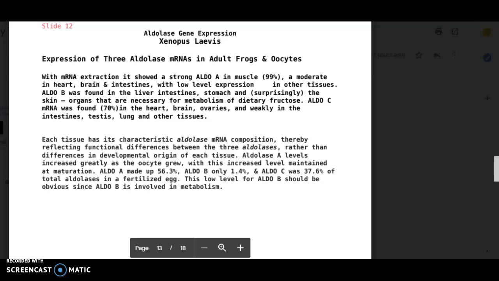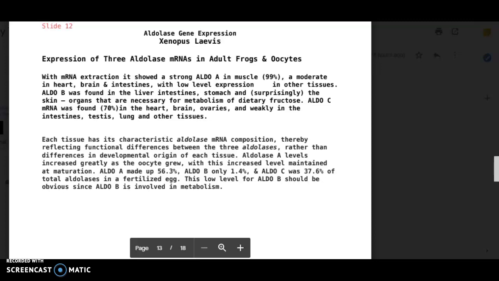The Xenopus fertilized egg contained approximately 60 parts of this, of which 45 parts was aldolase A messenger RNA, 13.5 parts was aldolase C, and only 1.5 parts was aldolase B. Thus, aldolase A and C messenger RNAs together constitute 99% of the total aldolase messenger RNAs in the egg.